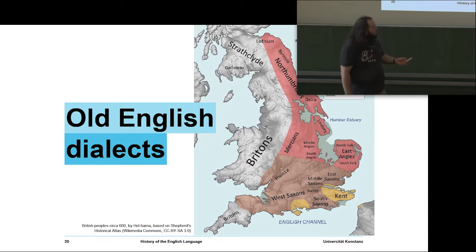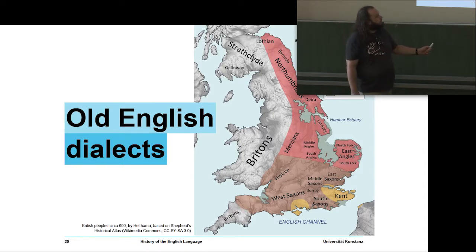You've got your Saxons down here in the brown, you've got your Angles who come to be the basis of the Mercians, and the Northumbrians largely, and then you've got your yellow here, the Jutes who settle in Kent and around the Isle of Wight. And in these grey areas, around 600, we would still have had a largely Celtic-speaking population of Britons.